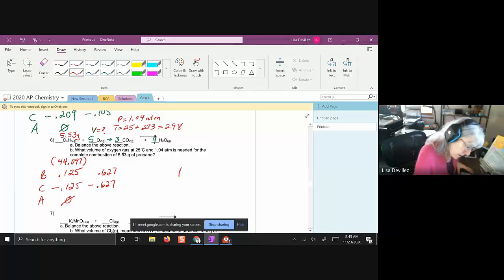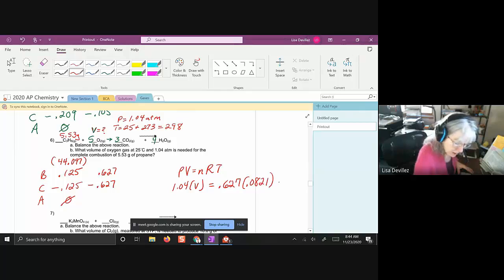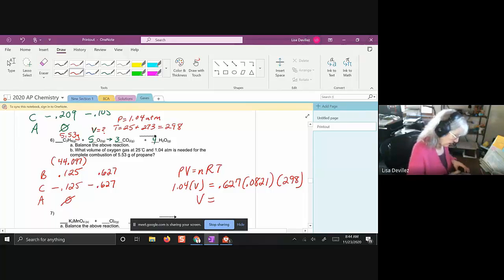And so now, let's see, so 1.04 and 0.627, 1 and 298. So our volume times 1.021 times 298 divided by 1.04. So I'm getting a volume of 14.75 liters on that.